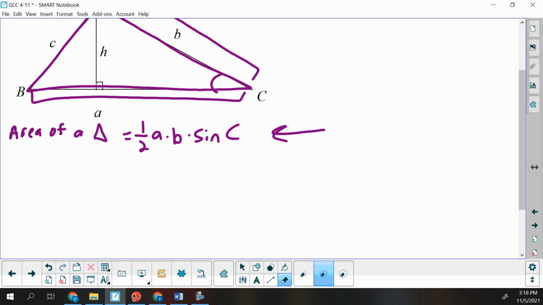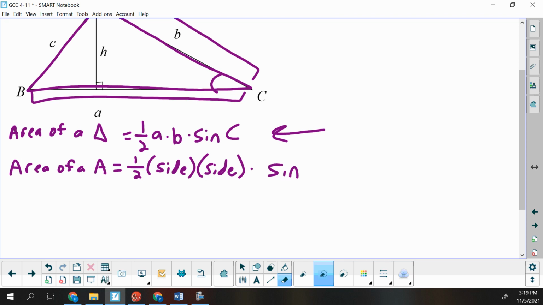And then what I'd like you to do is we're going to write it in a different way as well. So right underneath where you write area of a triangle equals 1/2 ab sine C, I want you to write it as 1/2 side times side times sine of, and we're going to write angle between.